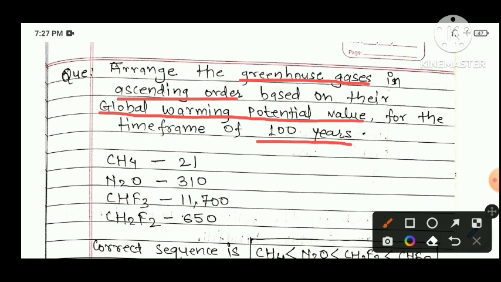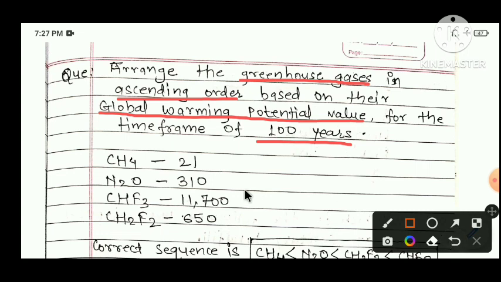So based on that, we have to arrange the greenhouse gases in ascending order of global warming potential value. The options given in the paper were CH4 (methane), nitrous oxide N2O, CHF3 and CH2F2. They have just given the names in the paper, they have not given the values.